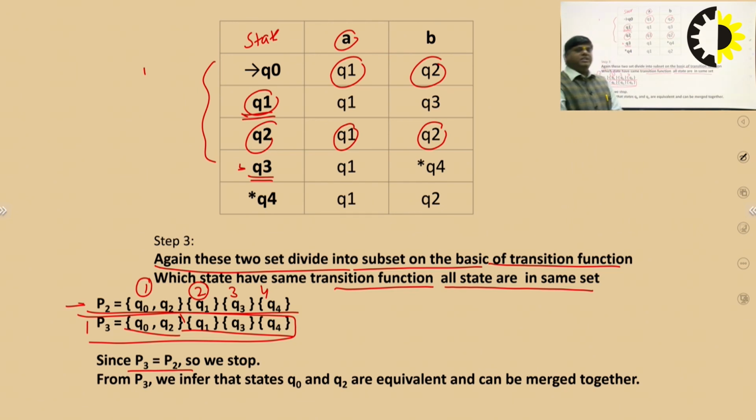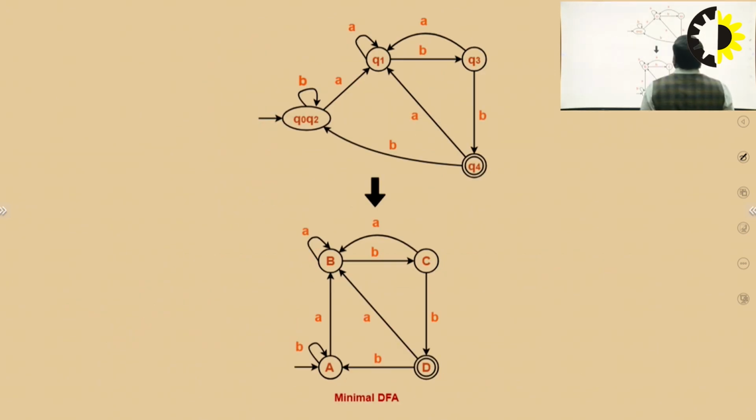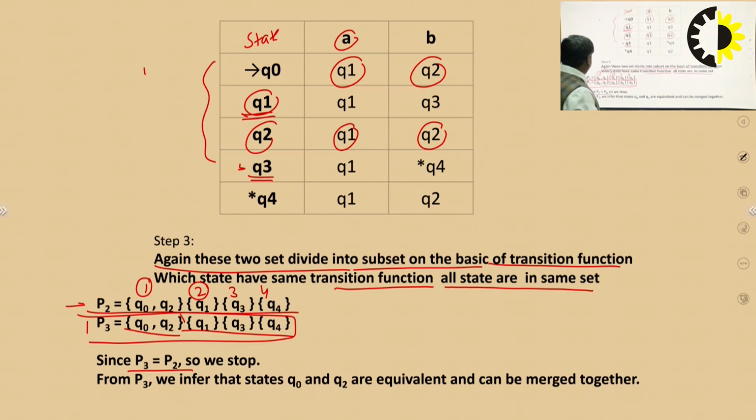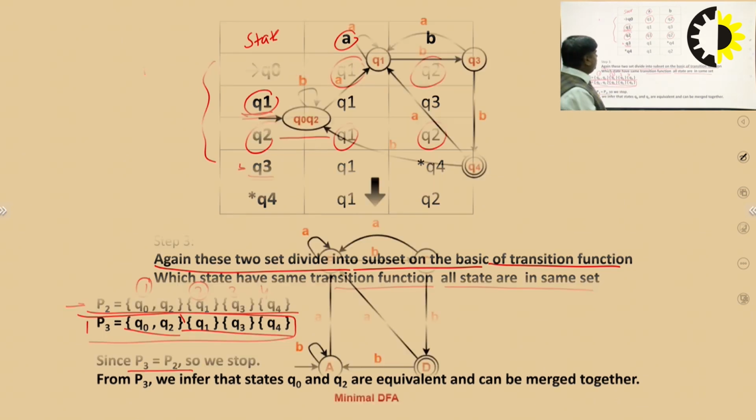For better understanding, we move now. Q0 and Q2 are minimized. They behave as a single state. Q1 is a different state, Q3 is a different state, and Q4 is a final state, that is a different state.